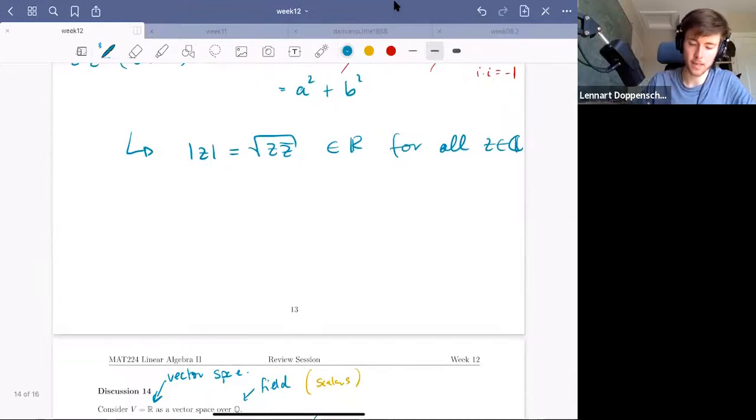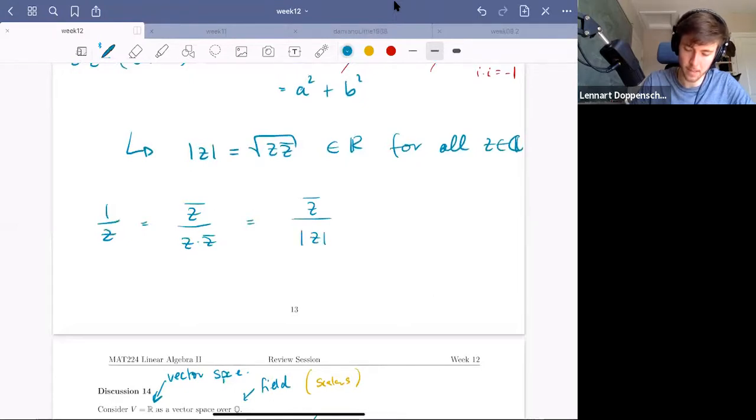So notice that if you have 1 over z, then this is the same as z bar times z bar, but this is now z bar over the length of z squared.